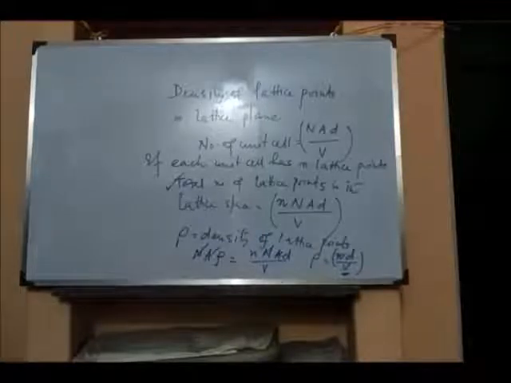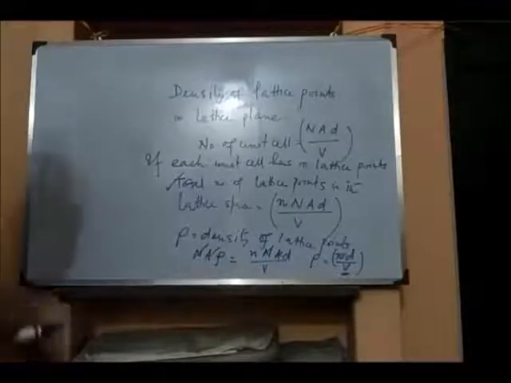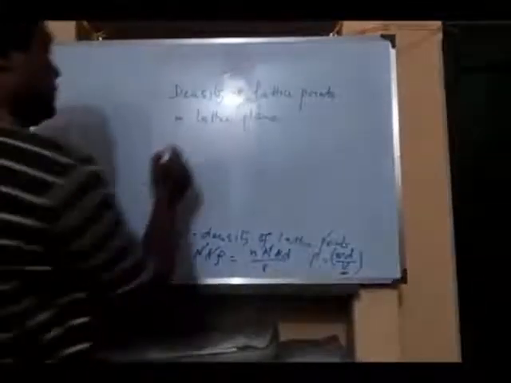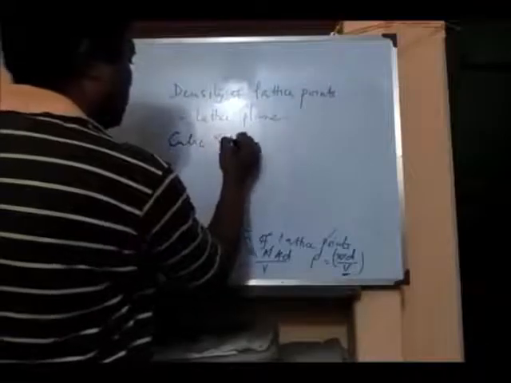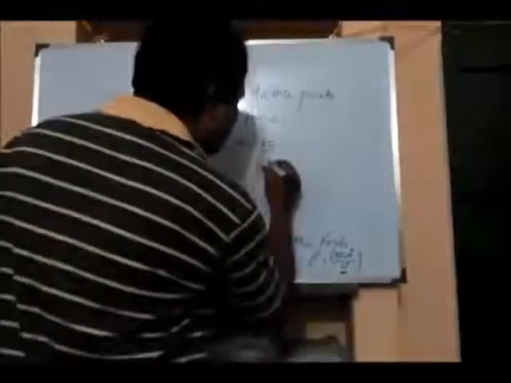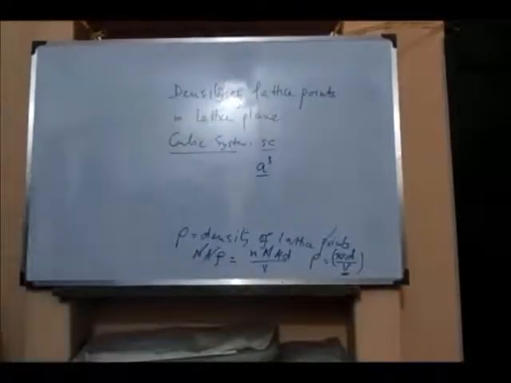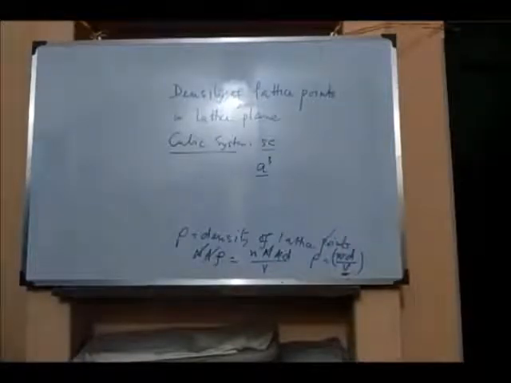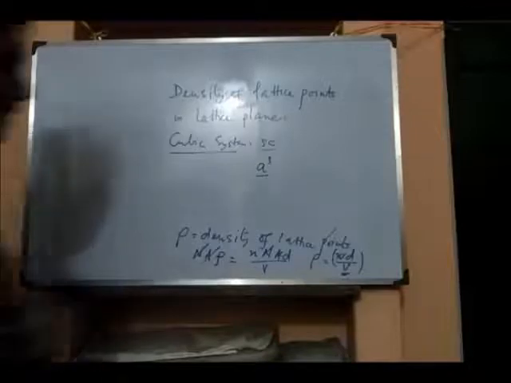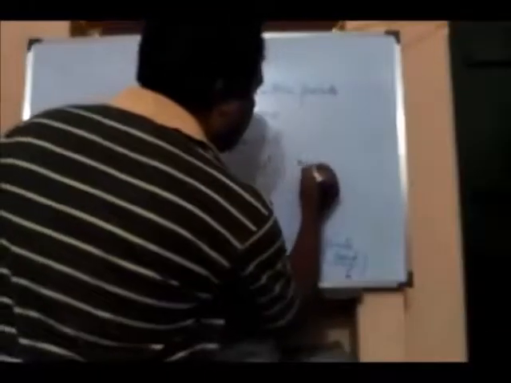So for the cubic system, just use simple cubic. For a simple cubic system, the volume is a cube, and the total number of lattice points per unit cell is 1.